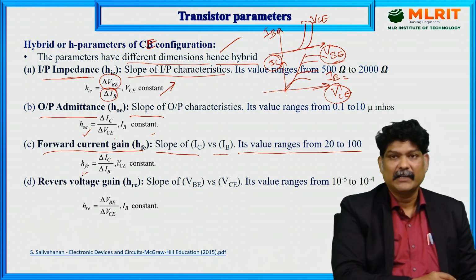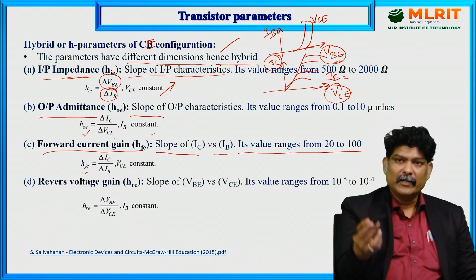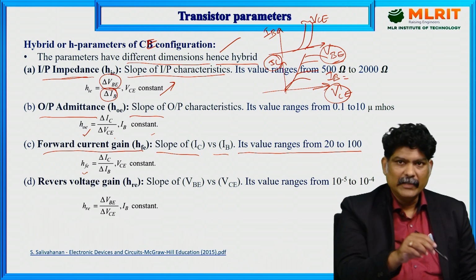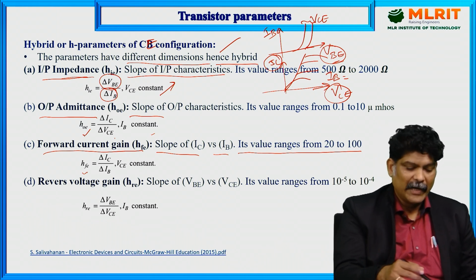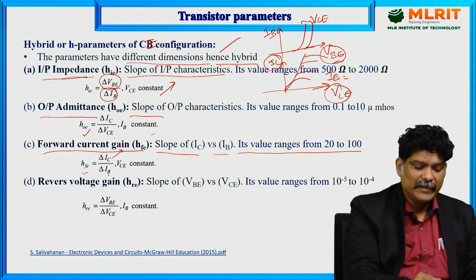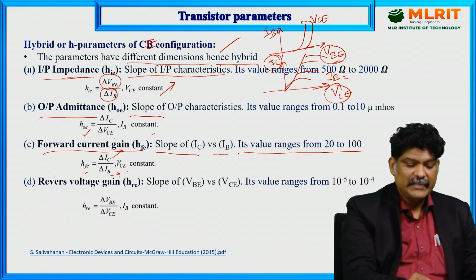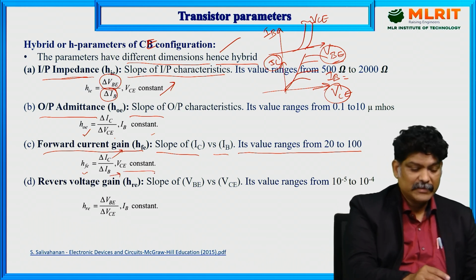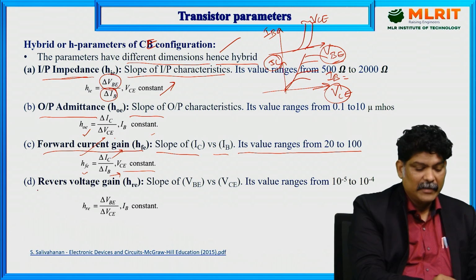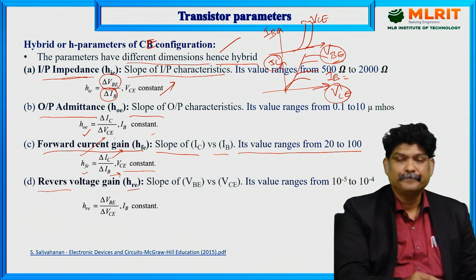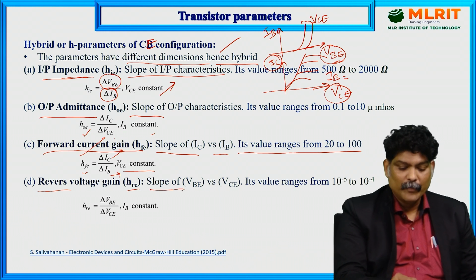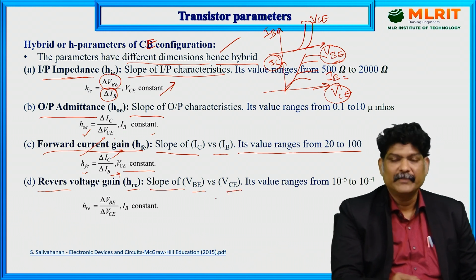HFE means current gain, which is output current by input current. In the CE configuration the output is IC and the input is IB, so HFE is delta IC by delta IB when VCE is constant. The other parameter is the reverse voltage gain, HRE, the slope of VBE versus VCE.